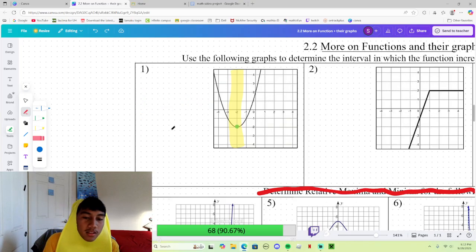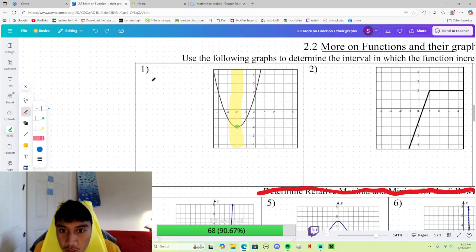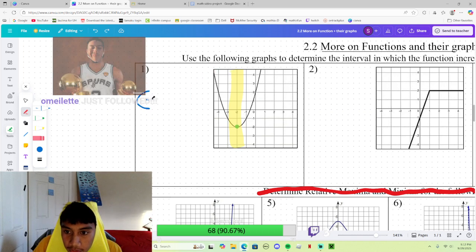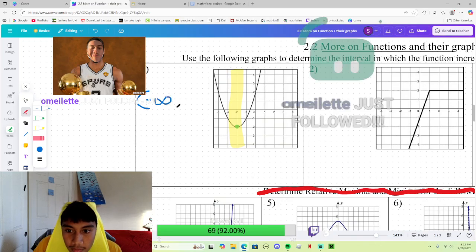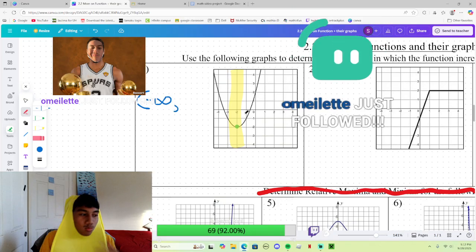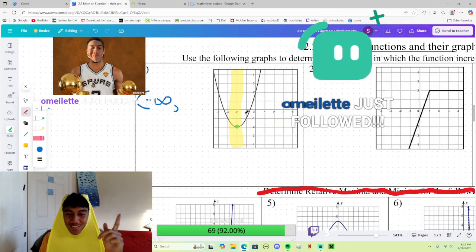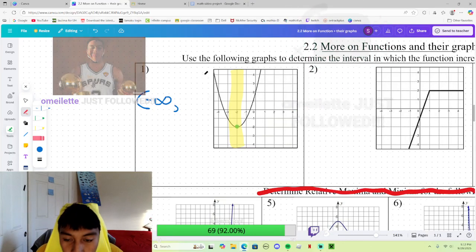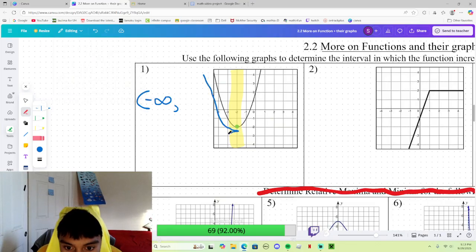Now that we plotted where the graph changes in direction, let's solve it. Reading from left to right, we can determine that it starts with negative infinity. And what we also notice, thank you for the support, is that it continues to keep going towards negative infinity until it stops at this point, which is what?